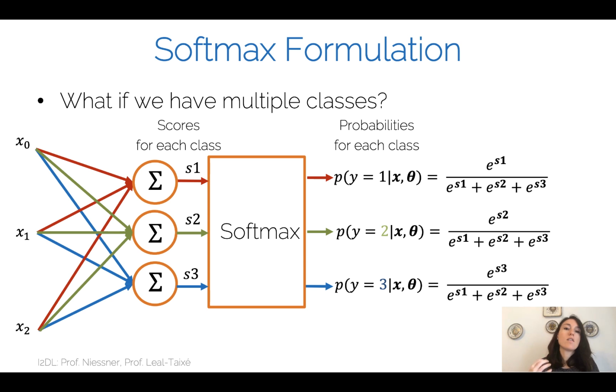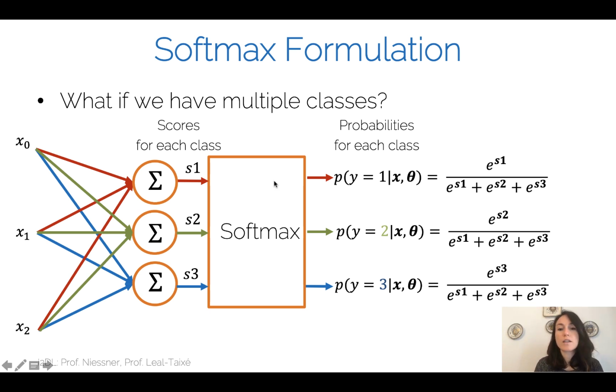In the case of the Softmax formulation, this is a multi-class classification problem, and we use exactly the same trick to go from the scores. In this case, we no longer have one score for 0 or 1 classification, but we have a score for each class. And the score for each class is converted using the Softmax to probabilities for each of the classes.